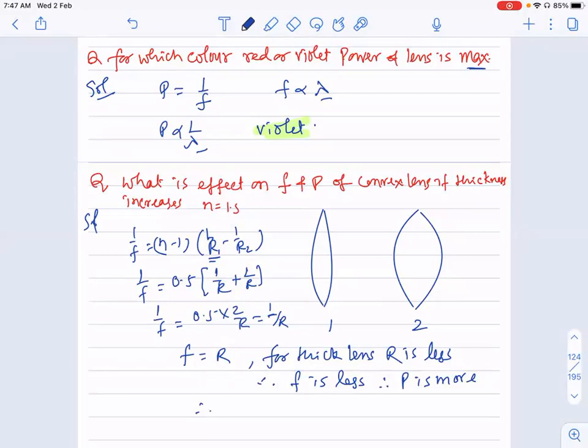So muscles, ciliary muscles, they keep on changing the radius of curvature and hence focal length, and hence we can see the objects properly. Such that every time image is formed at the retina. Okay.